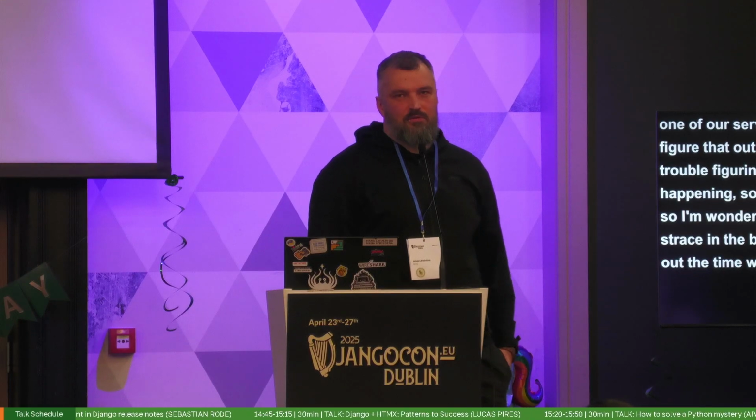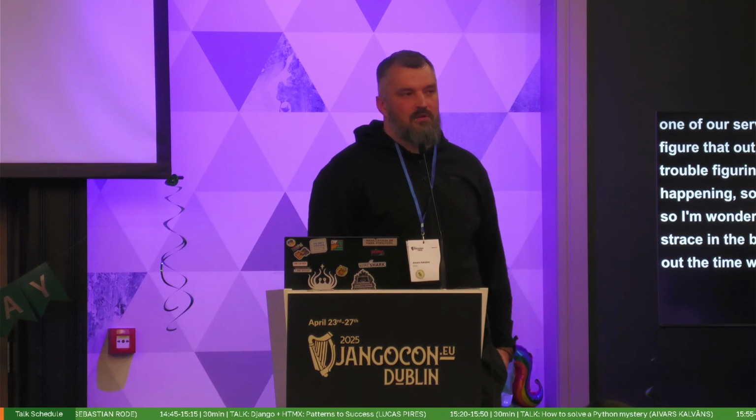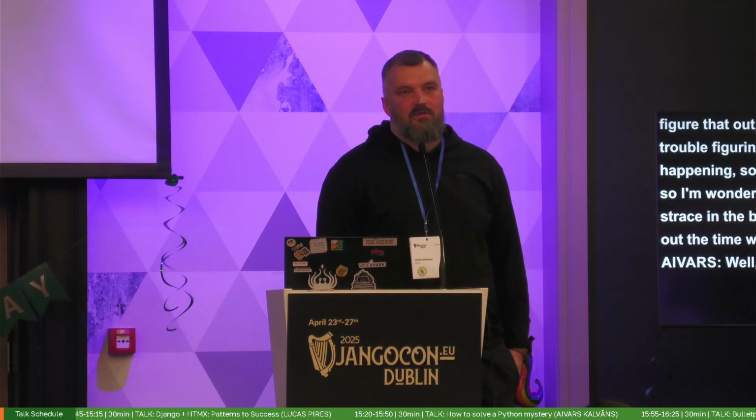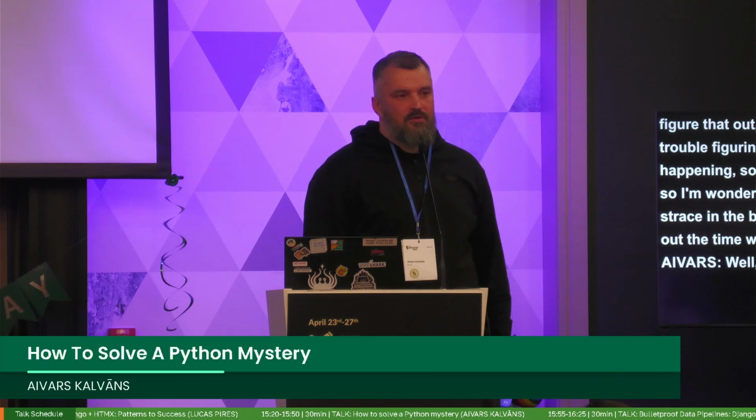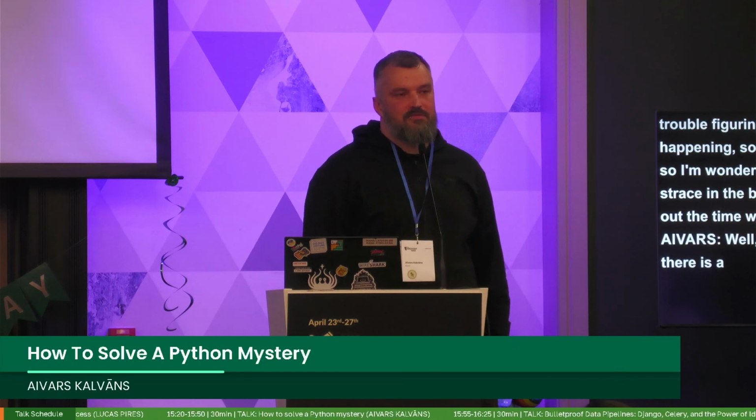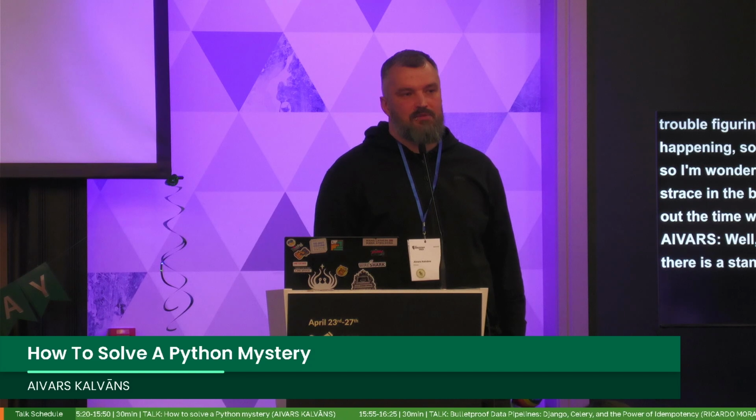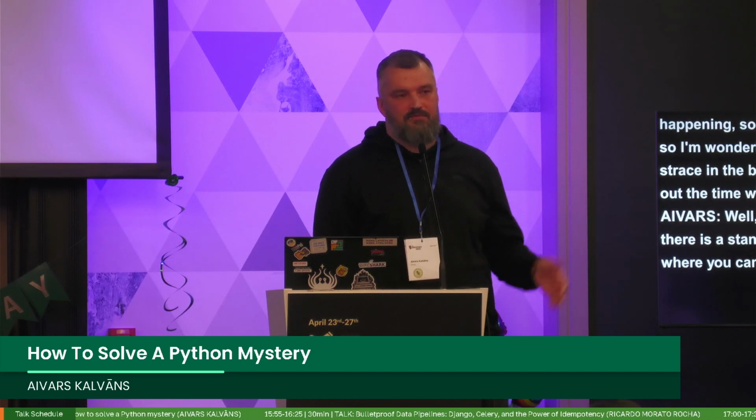One thing is that we really have trouble figuring out when the issue actually starts happening. Everything runs fine, and then it does not. So I'm wondering, is there any good solution to run strace in the background to figure out the time when something happens? You can do it, but there is a standard package in Linux called auditd, where you can specify which system calls you want to intercept, and it will store that to a specified log file.